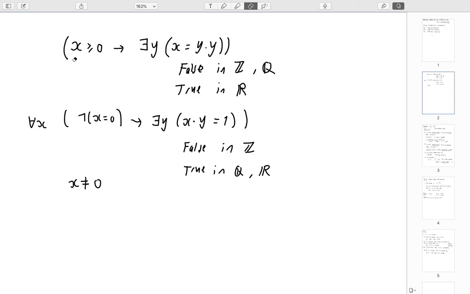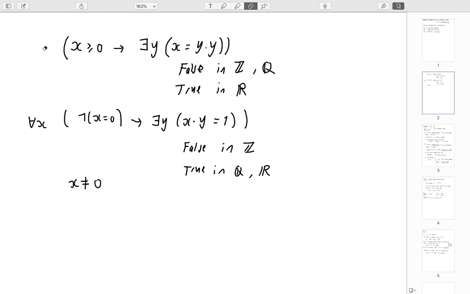That will be true, for example, for x equals 1/4, whose square root is 1/2. But it's false if x is 2, since there's no rational square root.